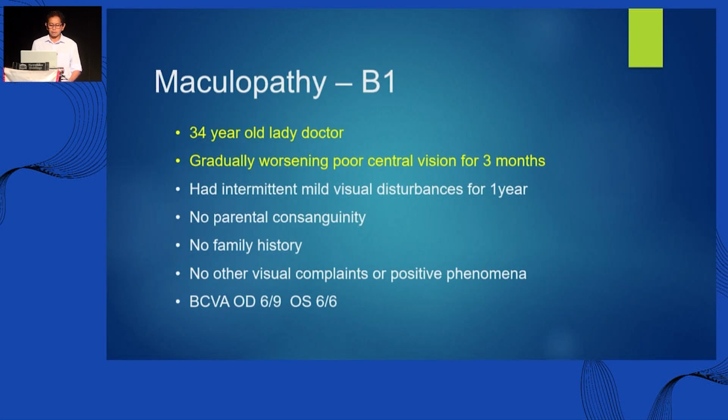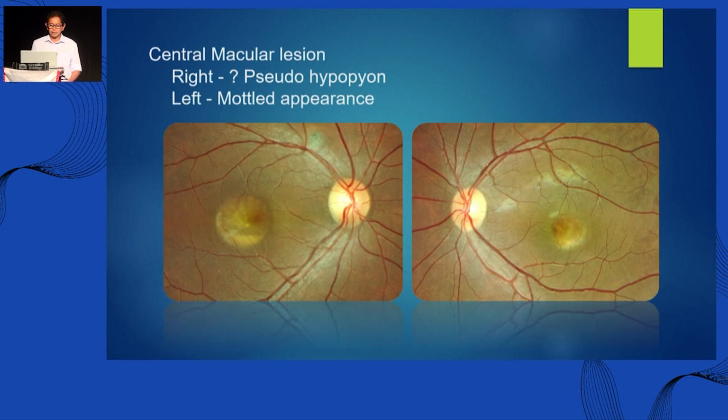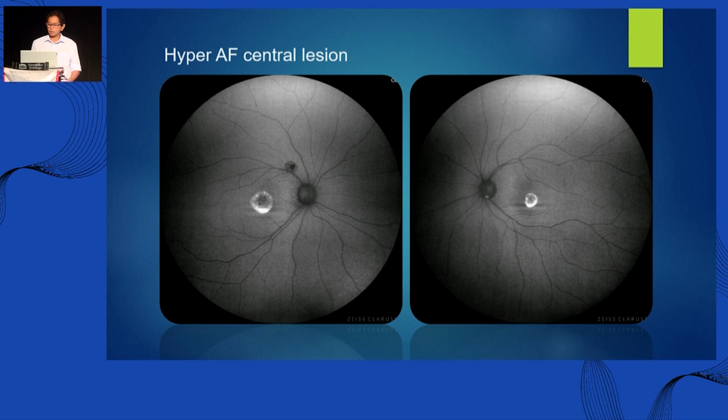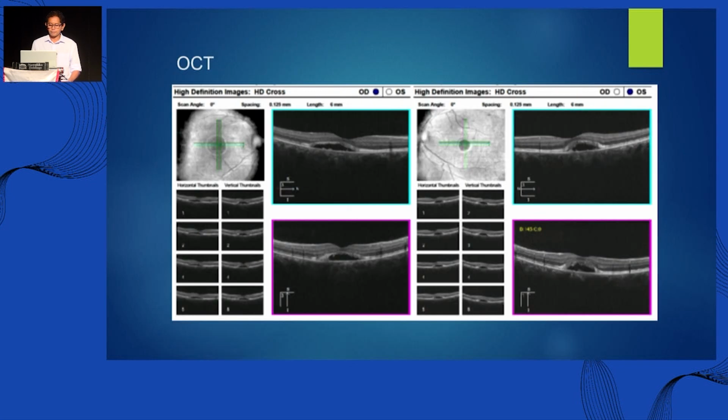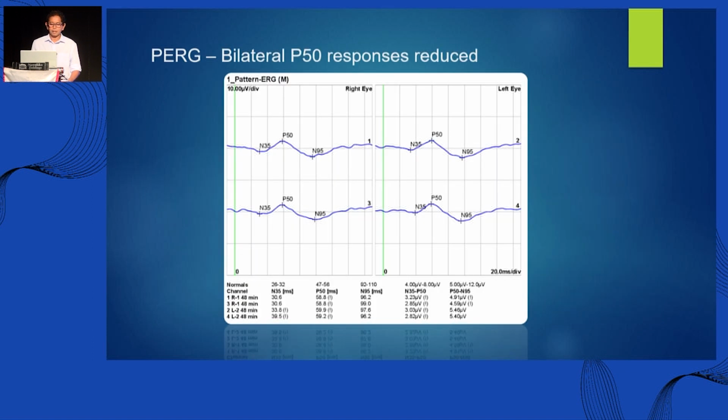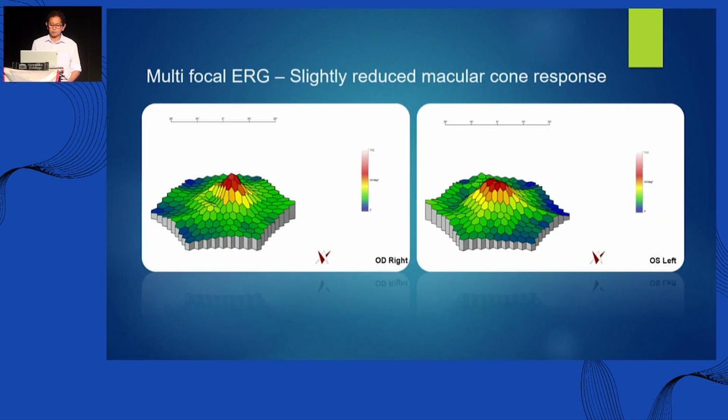So this is a 34-year-old lady doctor who presented with this clinical picture. The right eye is virtually at a pseudo-hypopyon stage. The left eye has a mottled appearance in the hyper autofluorescent central lesion, and you can see the typical Best disease characteristics on the OCT. PERG was reduced.